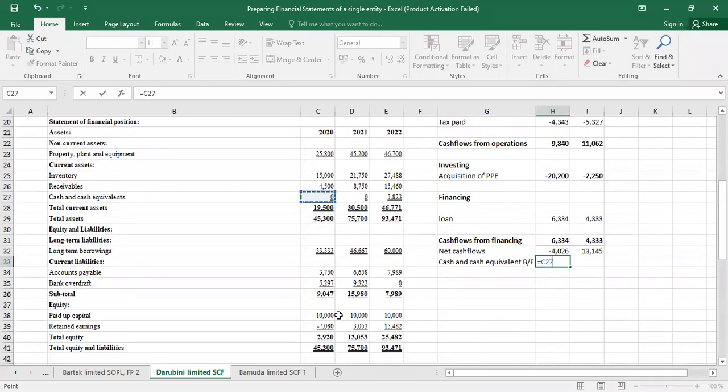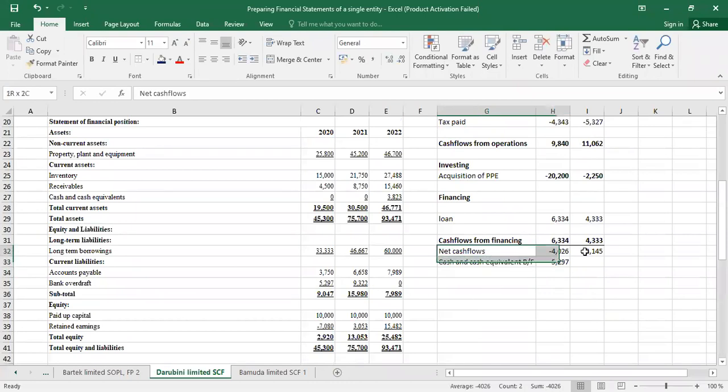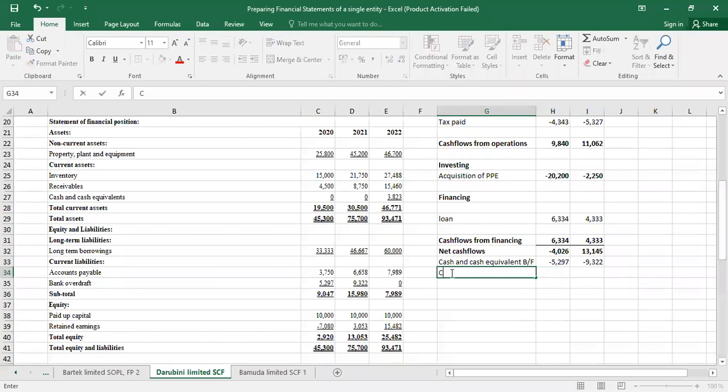We also had bank overdraft, so minus bank overdraft here. Then enter. Maybe I make this one bold, control bold, so that we know it is the net cash flows. Then I'll just drag. So cash and cash equivalent.